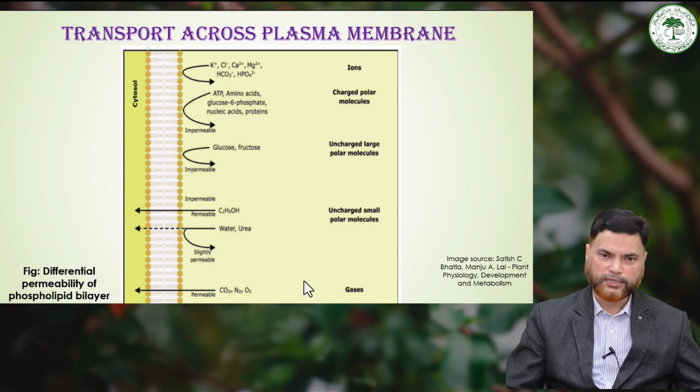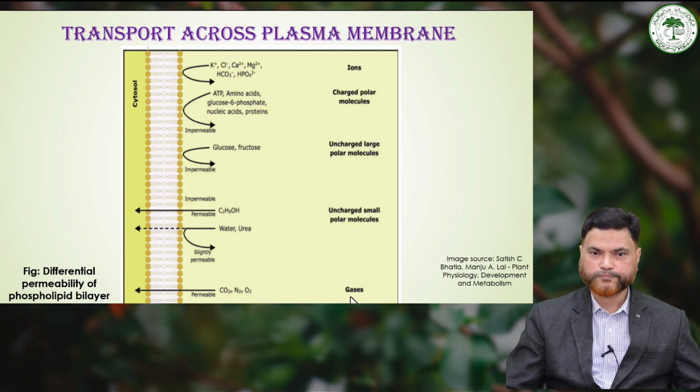You see this is the inside, the cytosol. This one is the cytosolic side, and this membrane acts as a sort of barrier preventing the free movement of molecules between the cytoplasm and the external cellular environment.